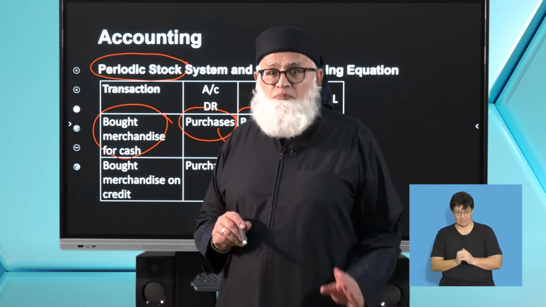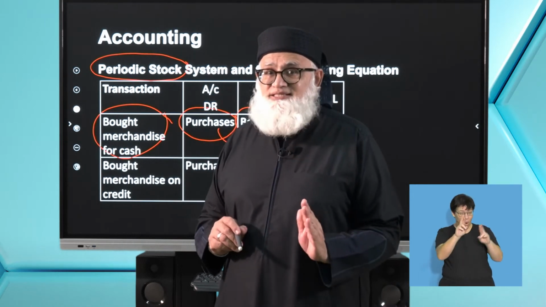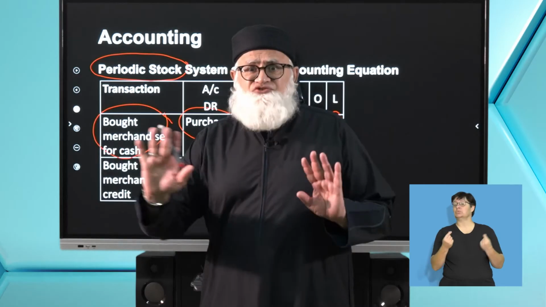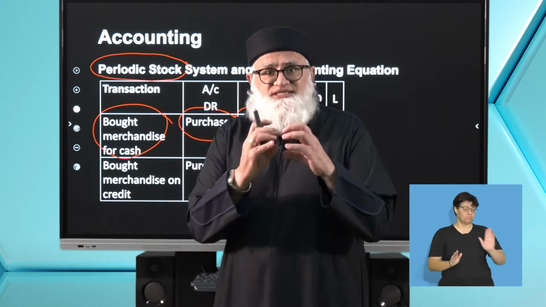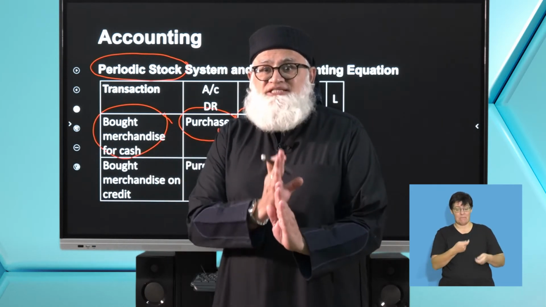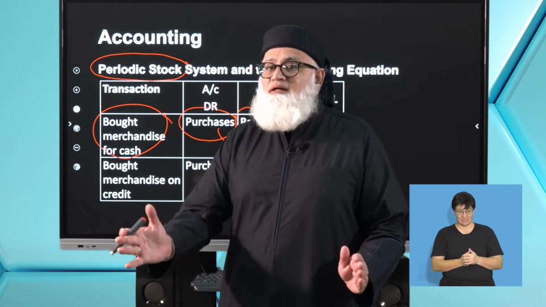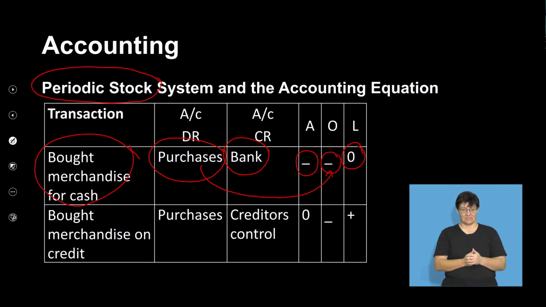Clear? I hope you fully understand this. Your liabilities remain unchanged. So now what I've done for you is show you a comparison of the same transaction treated differently using the perpetual inventory system and the periodic inventory system. Let's take another one.